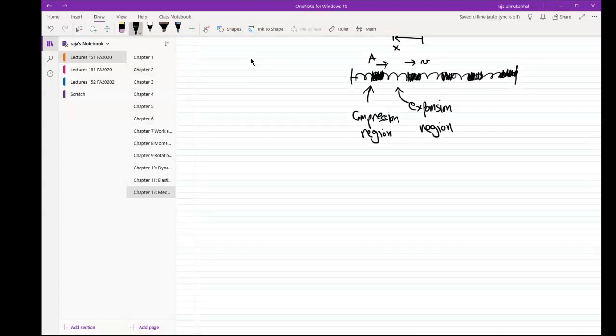So the relation between the velocity and the wavelength is basically v equals lambda times f, where f here is the frequency.